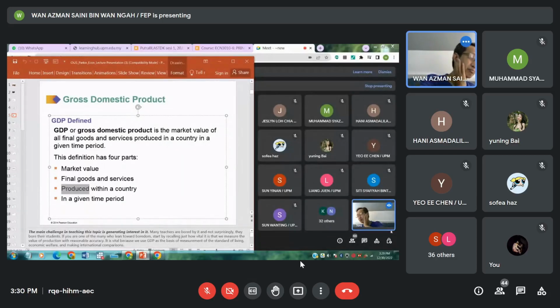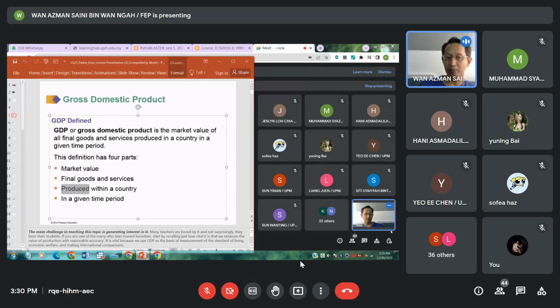So are you okay with GDP? GDP is the most popular measure. Hopefully you now have some idea what GDP is and how they compute it. It is based on market value. Not only are final goods and services included, it has to be produced within the country and during a certain period of time.